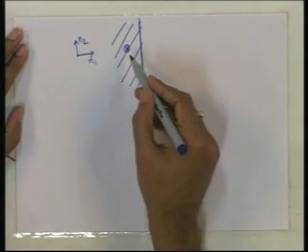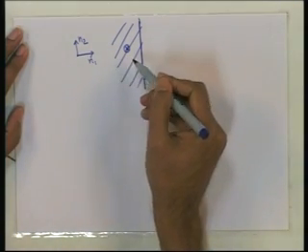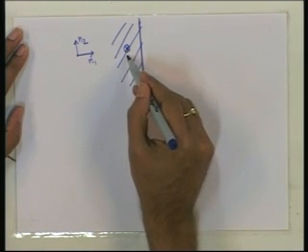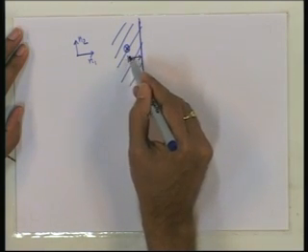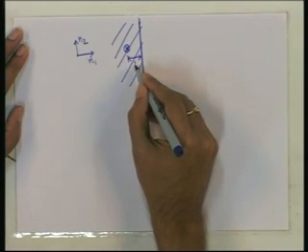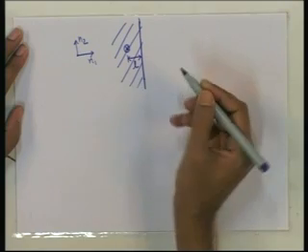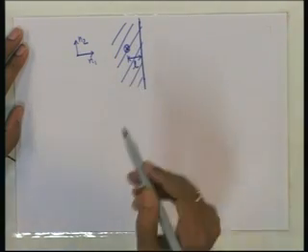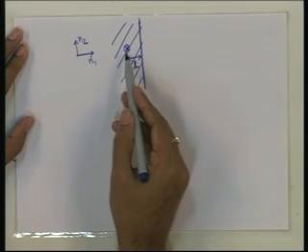And for the received point to be in the decision region, N1 should be less than this value. Suppose this distance is L, small l is the distance of this point from the decision boundary. Then what is the probability of error?